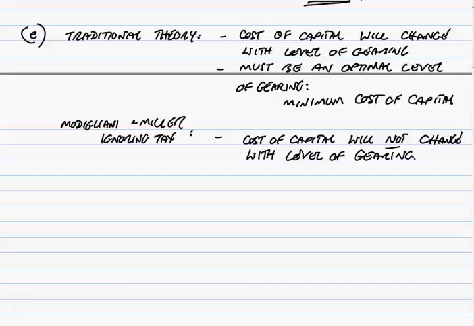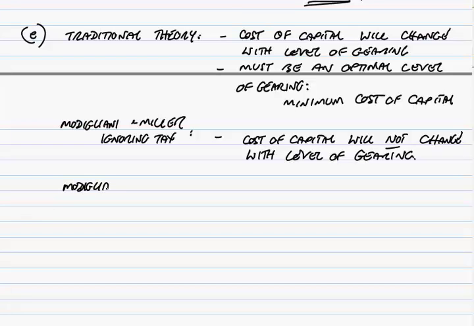Shareholders require a higher return, but the cheap cost of debt cancelled it out. The weighted average stayed constant, and as a result, the market value would stay constant. However, that was impractical because they ignored tax.